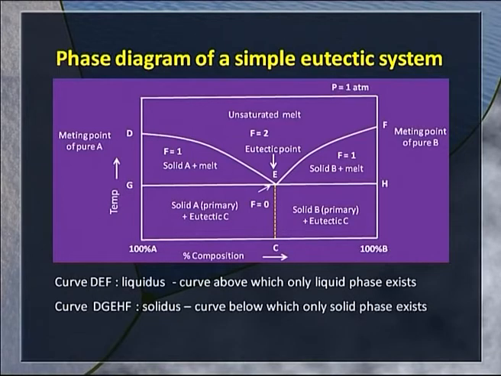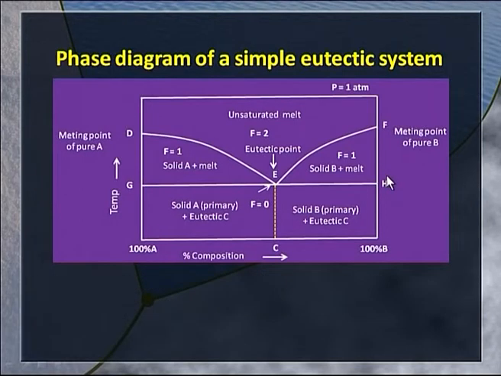So, we have melt in the higher part of the diagram and solid in the bottom part. In between we have two regions in which the solid is in equilibrium with the melt. On one side we have solid A in equilibrium with the melt, on the other side we have solid B in equilibrium with the melt.